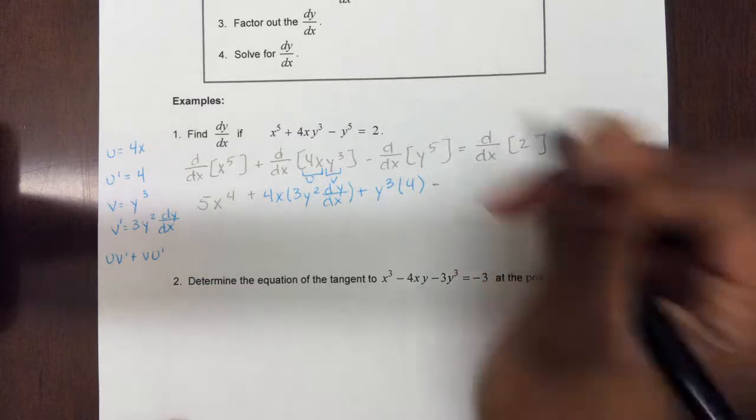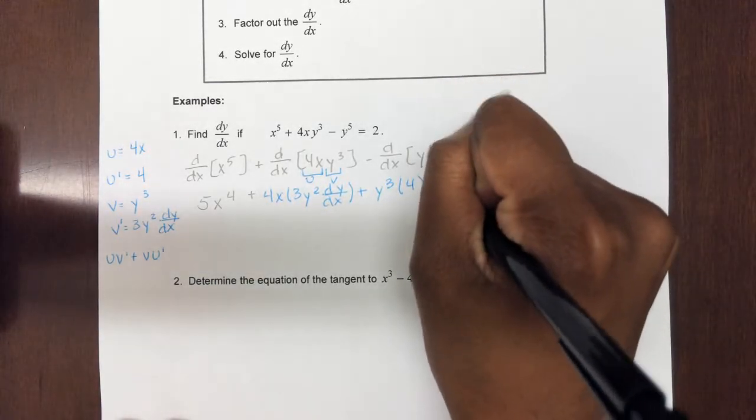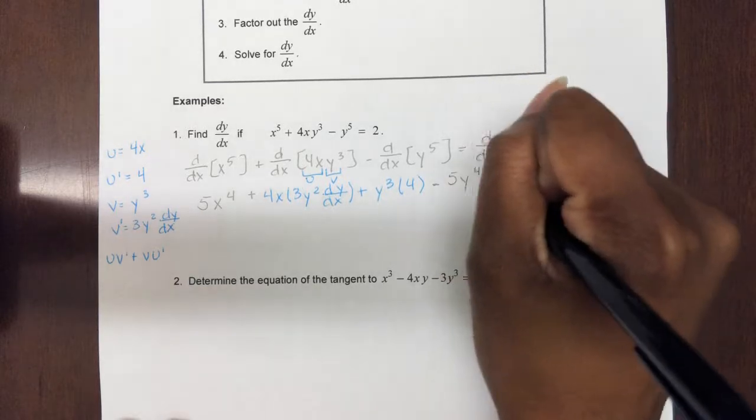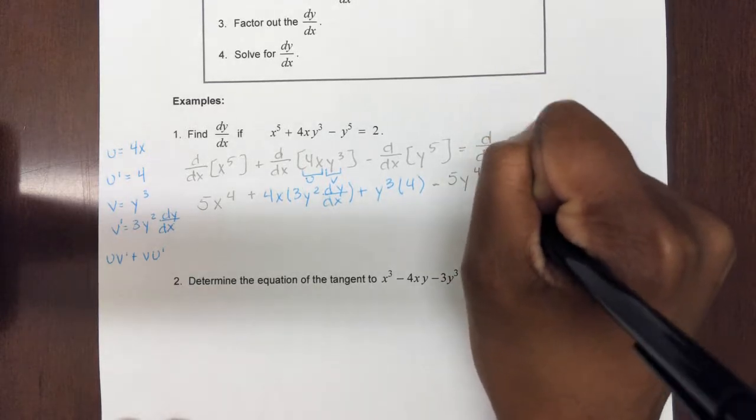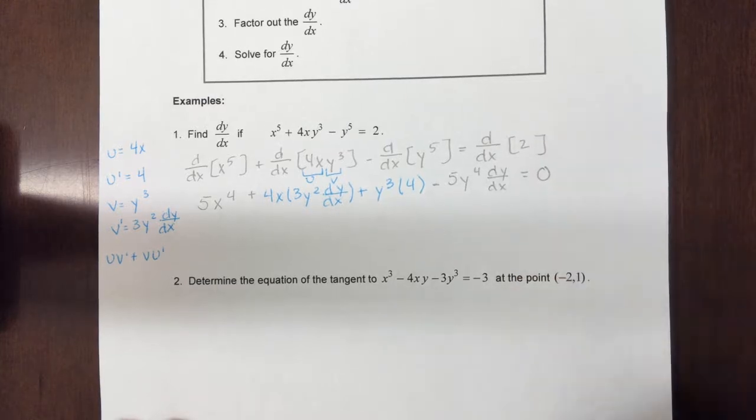And then we're going to subtract the derivative of y to the fifth, which is 5y to the fourth dy/dx, and the derivative of 2 is 0.